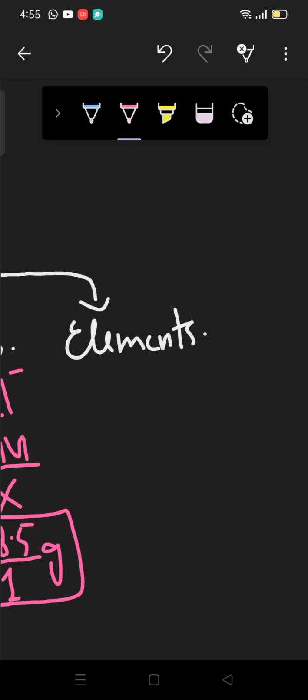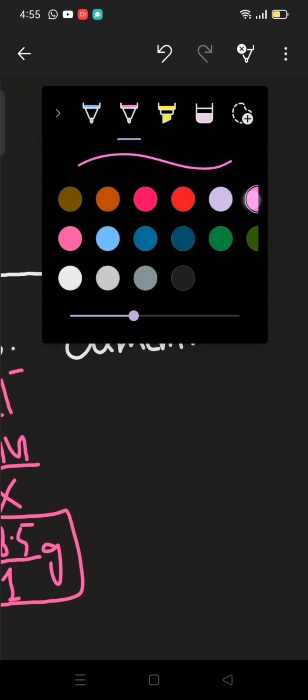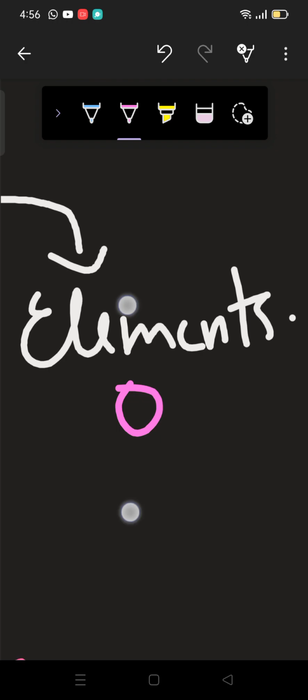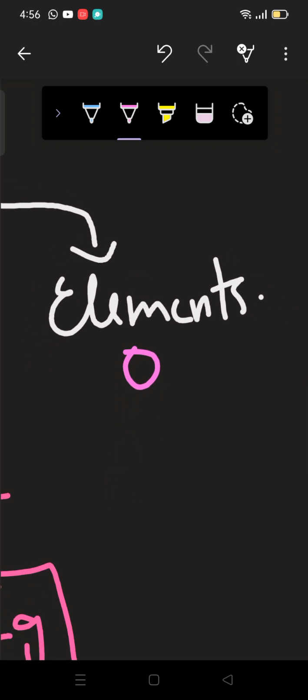What will X represent for elements? For elements, X will be the valency of an element, right? Now see, if I have an element, for example O, how will we find the equivalent mass of it? Molar mass per unit X factor.